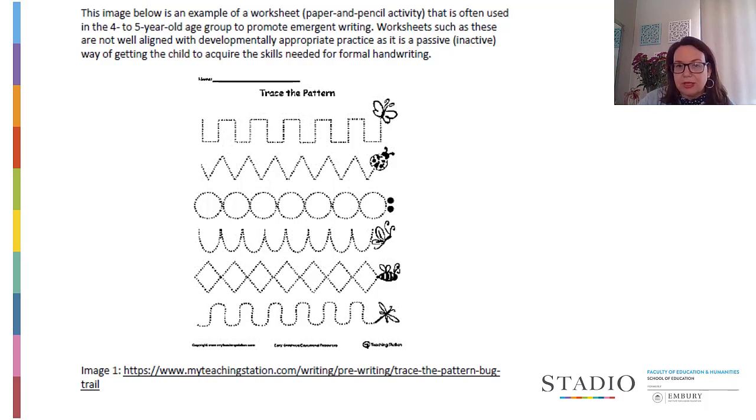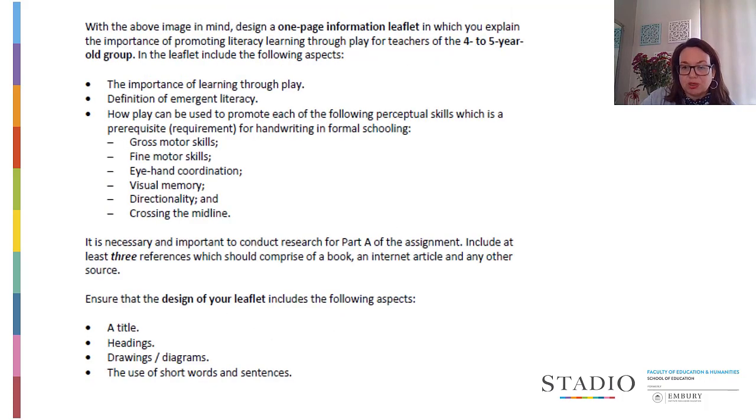Now go over this pattern. First of all, it is not developmentally appropriate because we know the child must learn through a concrete experience. And secondly, the child is going to be passive. Before the child can get to a worksheet like this, they need to have conceptual skills in place.